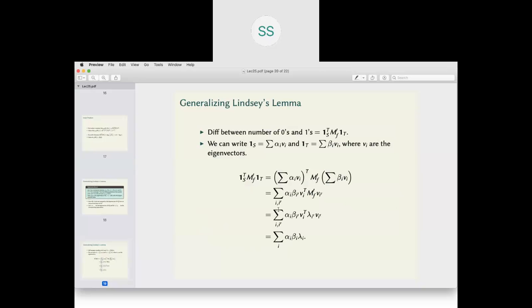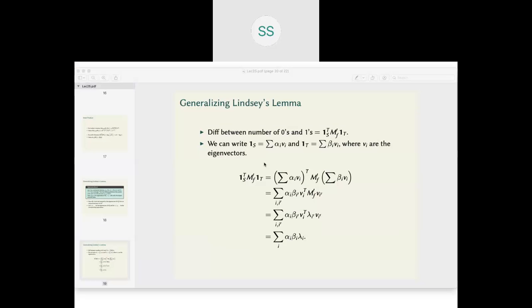Like in the previous case, the difference between the number of zeros and ones can be written using two vectors, one where S is picked out, and one where T is picked out. So the difference between the number of zeros and ones in the original matrix R.MF is 1 S transpose MF dash 1 T.